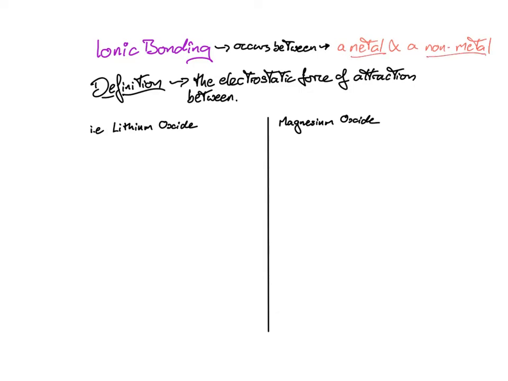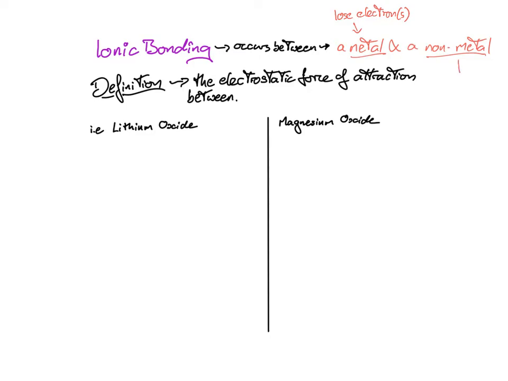Why is this? As you probably already know, the underlying reason is that a metal has a tendency to lose electrons. So metals are going to lose electrons. This is because in general they have a less than half filled outer shell and it is energetically favourable for them to do so.